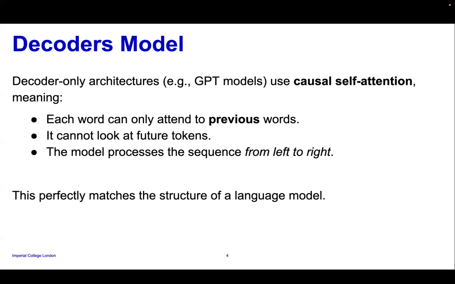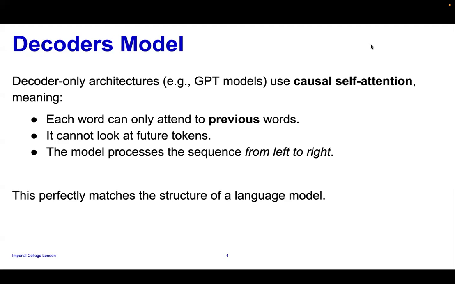In decoder-only models, the models are able to generate sentences, unlike the encoder models, where we allow the model to see both left and right.